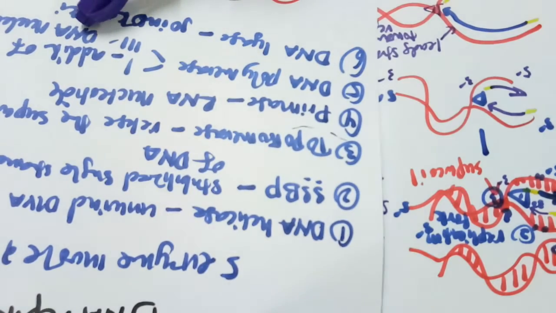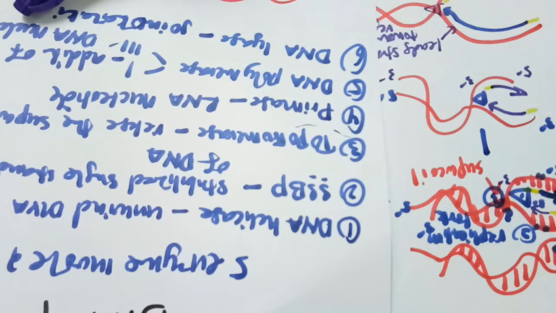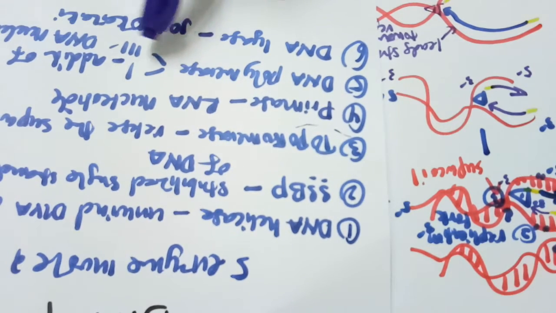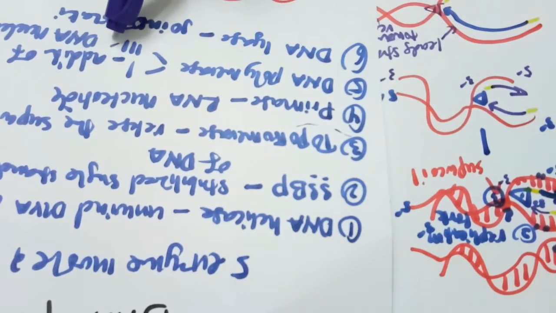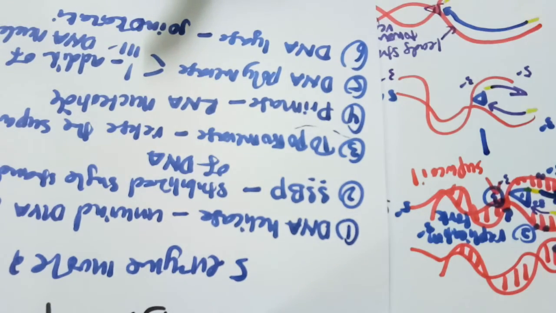Okay, DNA polymerase 3 is important for the addition of DNA nucleotides. Another function of the DNA polymerase 3 is proofreading. Proofreading means they will check what types of nucleotide are entering and forming complementary base pairs.